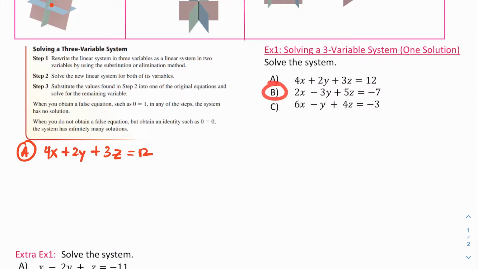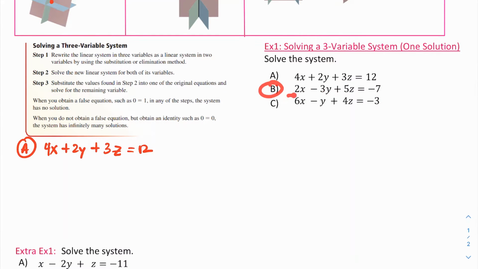Because I'm going to use equation B, I need to multiply this whole thing by negative 2, so that becomes a negative 4x. So again, I have to multiply equation B by negative 2 so that it will cancel with the 4x that's above it. The way that I'm going to write that, and the way I would like you to write that, is put negative 2B here. If you would rather put a negative 2 here, that's fine as well. Okay, so when I multiply by negative 2, I get negative 4x.